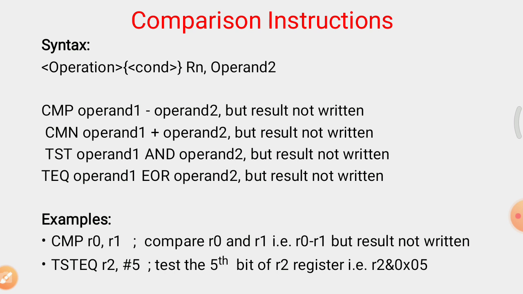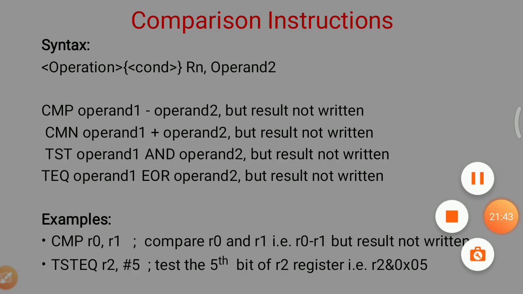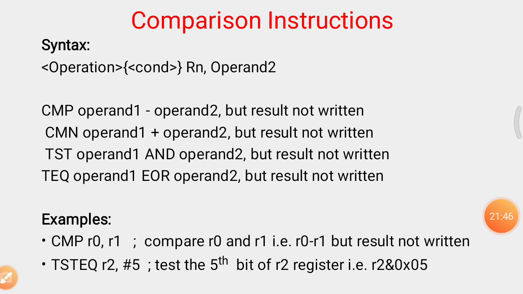So, comparison instructions. The syntax for comparison instructions: operation, condition code, Rn, operand 2. See that the destination register is not present in this syntax, and the suffix S is also not present.